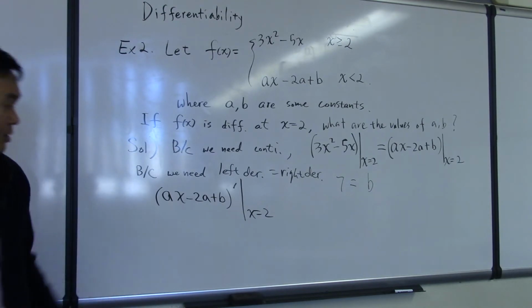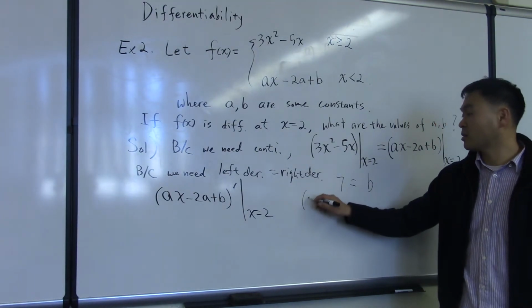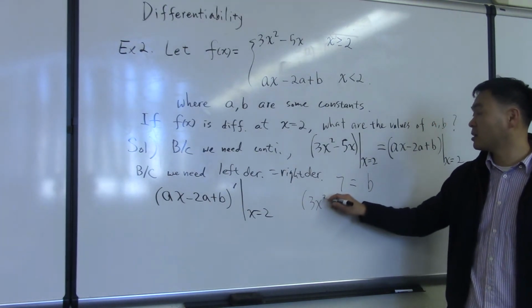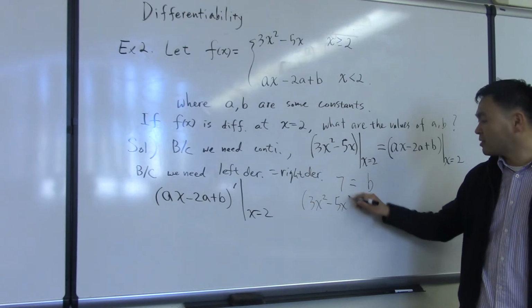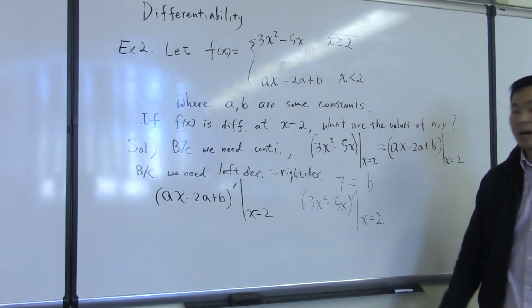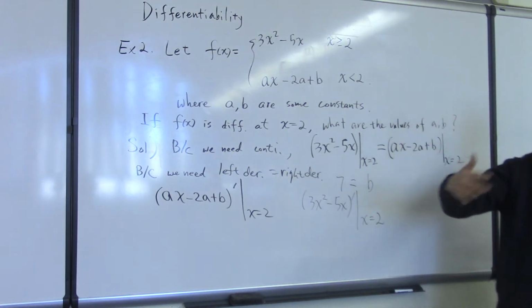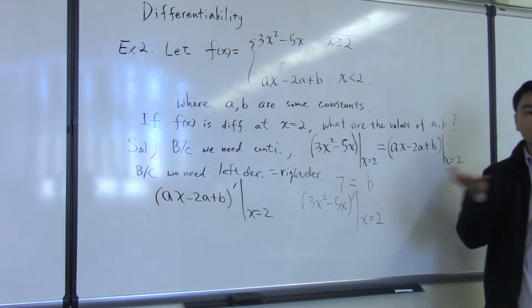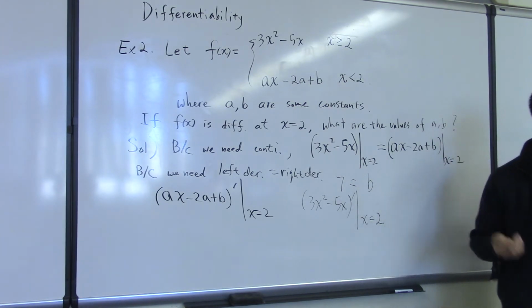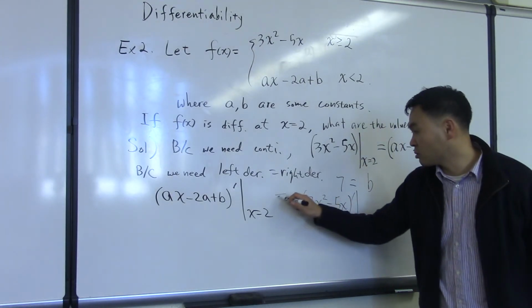Whereas on the right side, I have 3x squared minus 5x. If I differentiate this and plug in x equal to 2, I will be getting the slope of the function on the right side of 2. And we need the two slopes to agree in order for the derivative to exist.